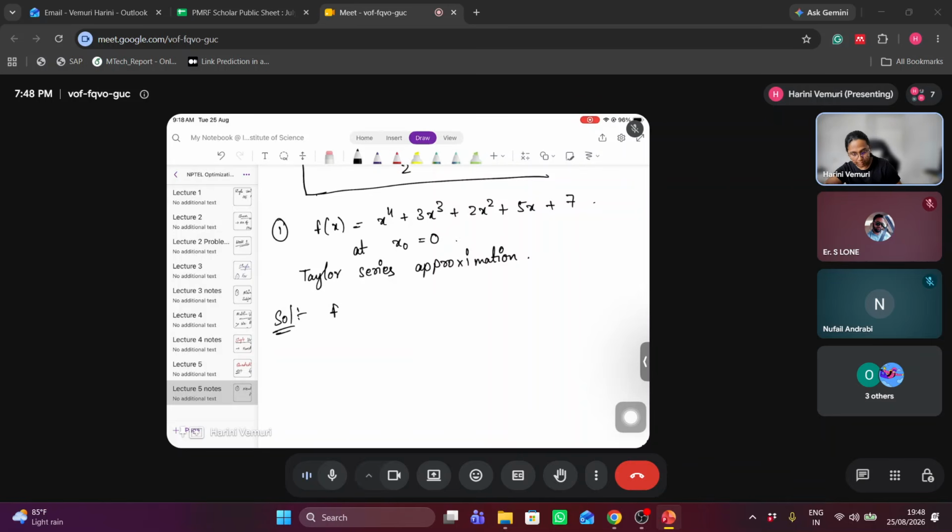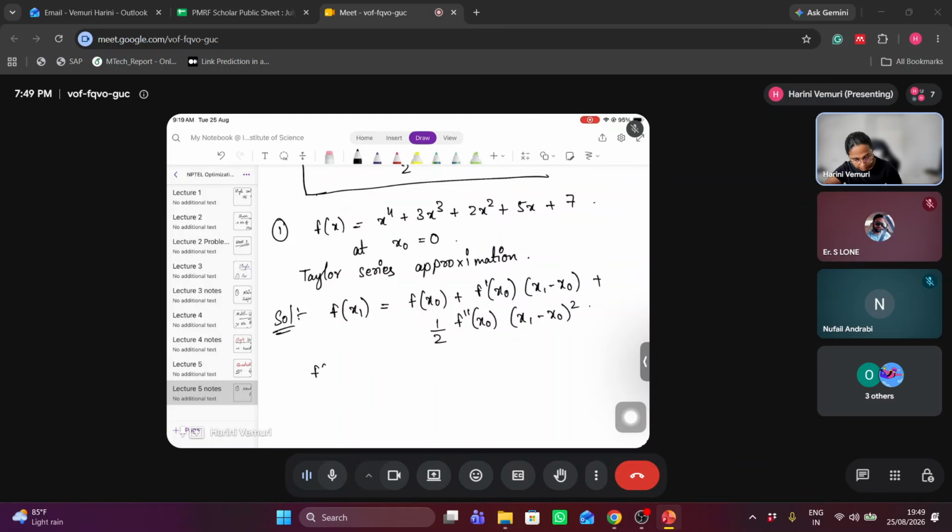Okay. So for that, first what we will do, f of x1 is equal to f of x naught plus f dash of x naught into x1 minus x naught plus 1 by 2 times f double dash of x naught into x1 minus x naught whole square.